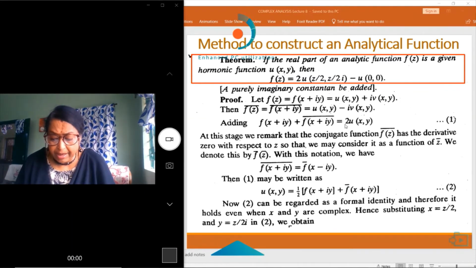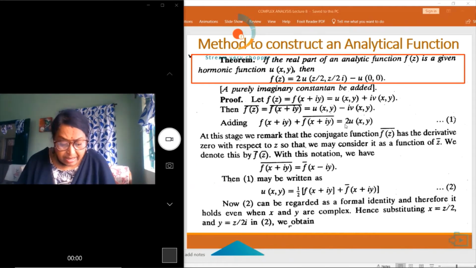We denote it by f̄(z̄). So the conjugate of f(x + iy) can be written as f̄(x − iy). Then u(x,y) = ½[f(x + iy) + f̄(x − iy)].